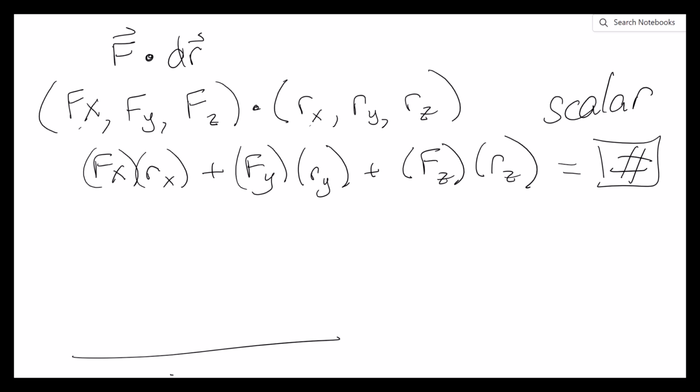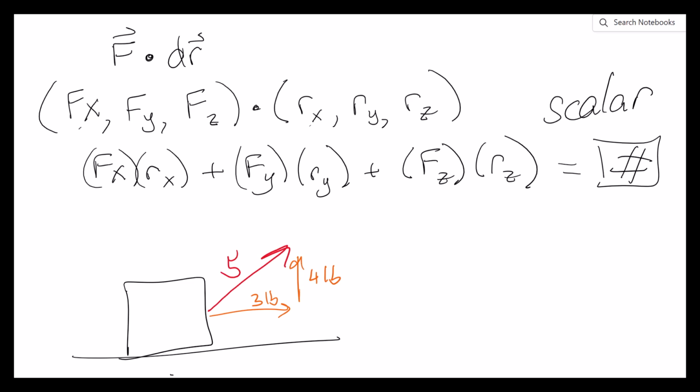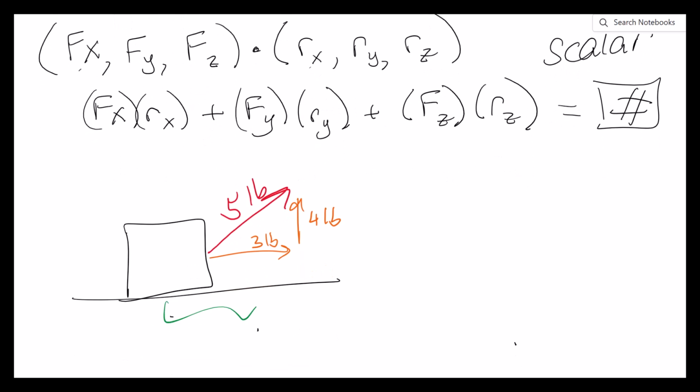So, for example, if I had a box and it was like, I don't know, 5 pounds, and I could break it into 3 pounds and 4 pounds, and it went, I don't know, 10 feet.